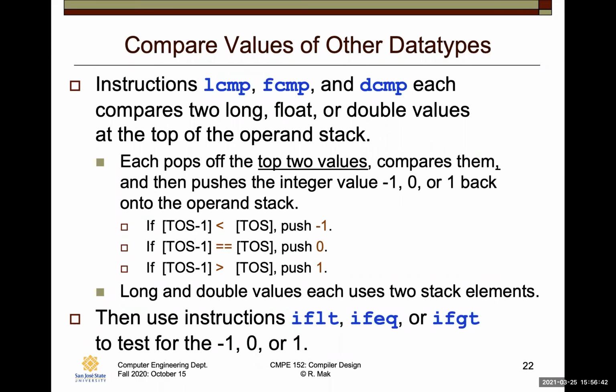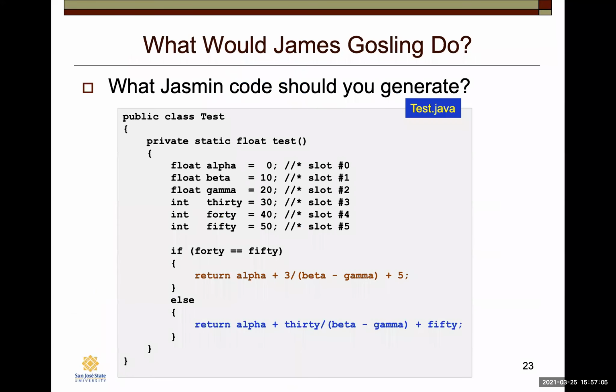You pop off the top 4 elements and you push back down 1 element that contains -1, 0, or 1. All right, so now you know how to compare and branch. Any questions?